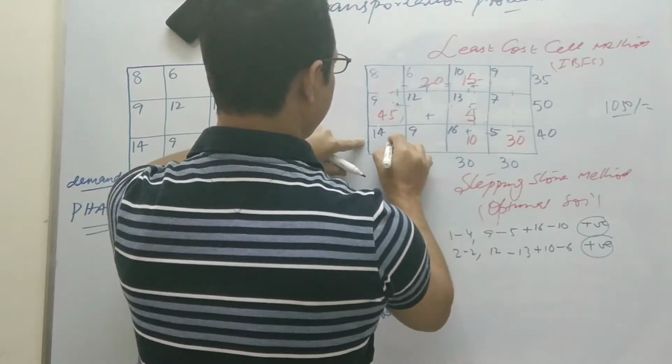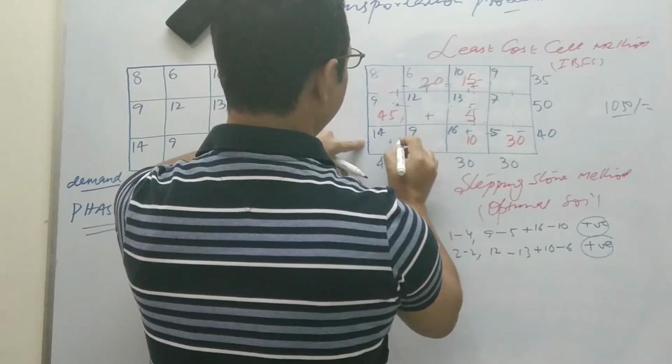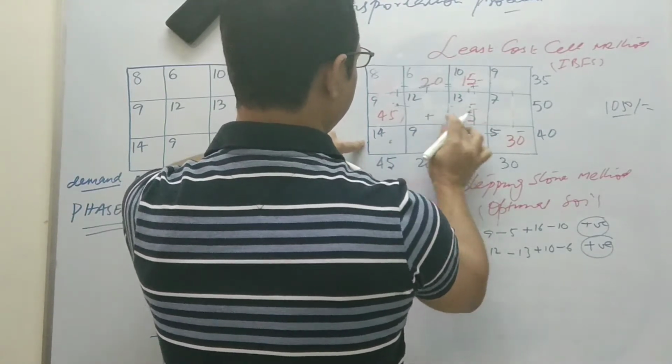So now we will move to this cell and see how we can move to get a cycle. Very simple.